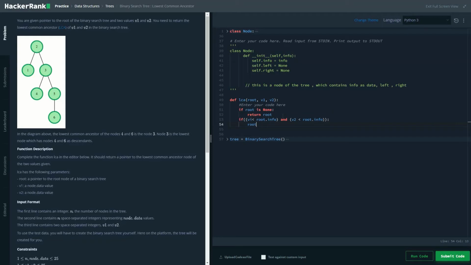So root would automatically become, we are performing a recursive algorithm, so LCA of root.left with our values v1, v2.